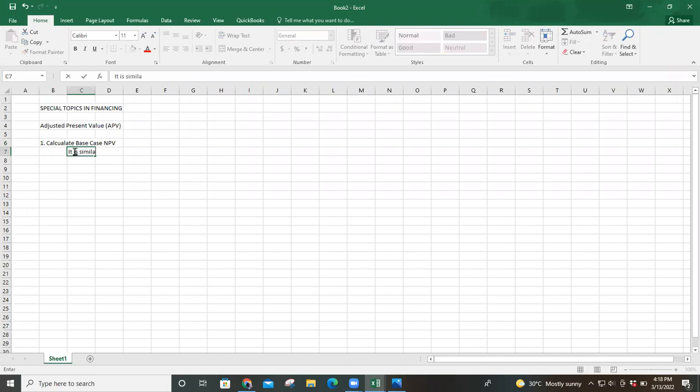The best case NPV is similar to normal NPV, except that cash flows are discounted using the ungeared cost of equity. That is, we use the BA, the asset beta.